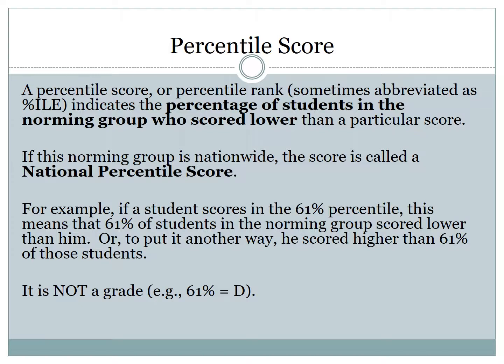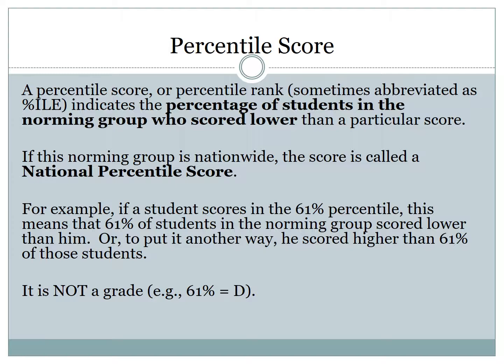A percentile score or percentile rank indicates the percentage of students in the norming group who scored lower than a particular score. The norming group is the group of tens or hundreds of thousands of students that they used at the beginning.